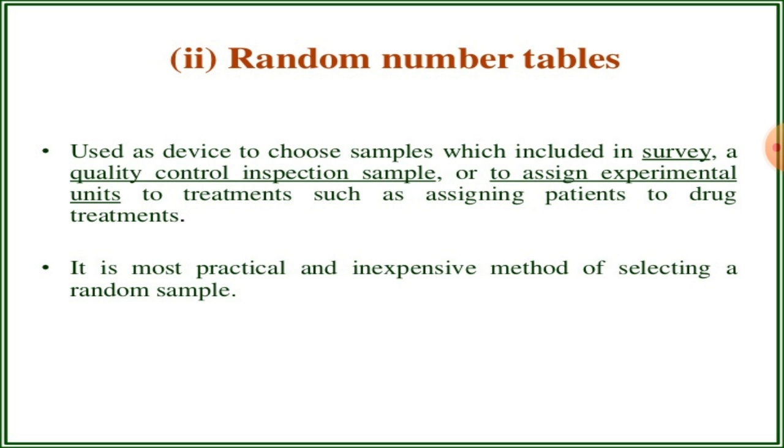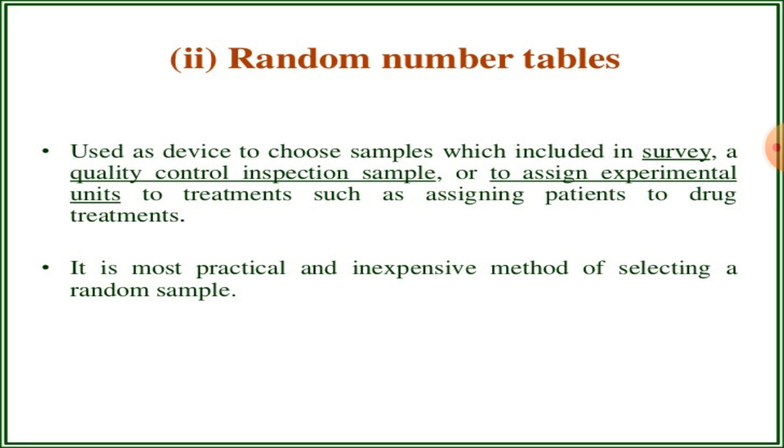And second is the random number tables. Random number tables are a device used to choose the samples included in surveys and quality control inspection samples, or to assign experimental units to treatments, such as assigning patients to drug treatments.